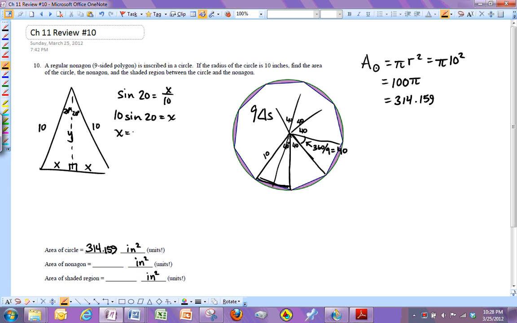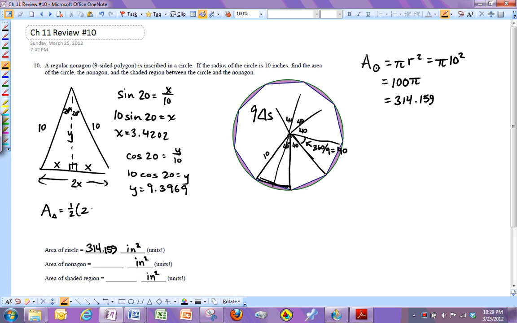And x ends up being 3.4202, and then if I do cosine of 20 equals y over 10, I get 10 cos 20, 9.3969. And so the area of one triangle is going to be 1/2 the base, and the base here is 2 of the x's.